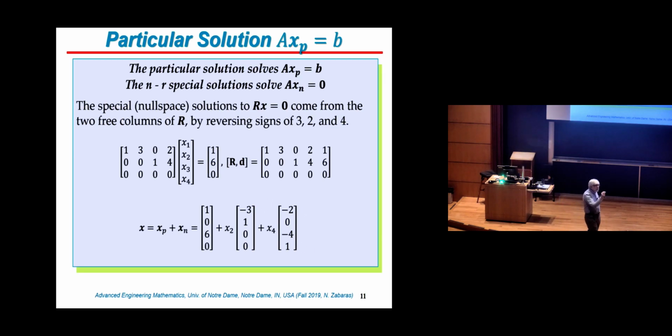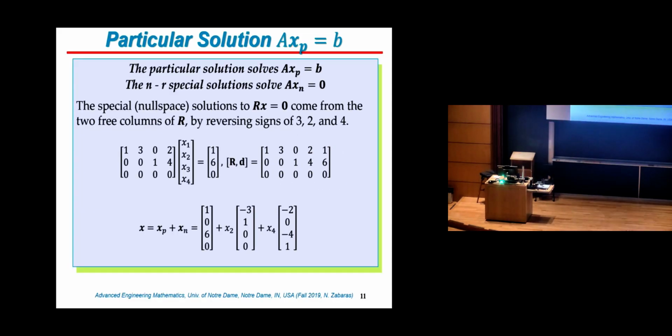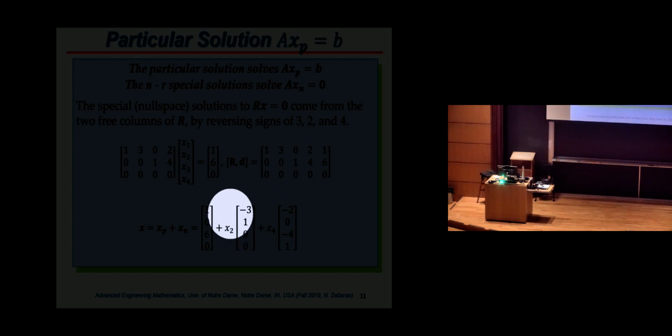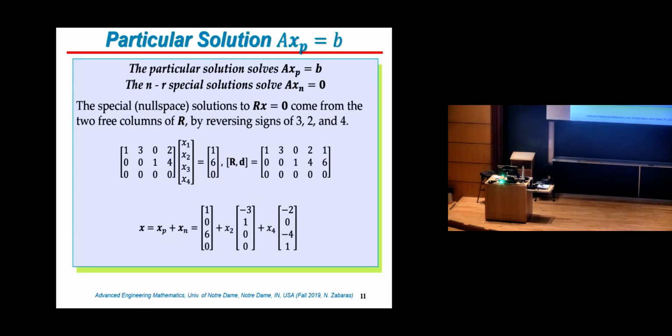So those numbers are in the matrix F that we had defined in the previous lectures when we partitioned this matrix R. You remember the matrix R contains the identity matrix multiplying the pivot variables, and then this matrix 3, 0, 2, 4 that multiplies the free variables. So minus F is what is coming in here, all right? So minus 3, minus 0, and minus 2, minus 4 is what is coming on the special solutions.